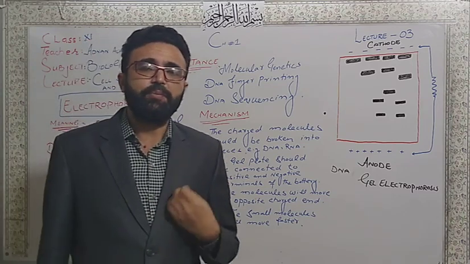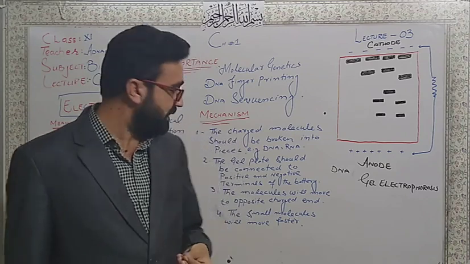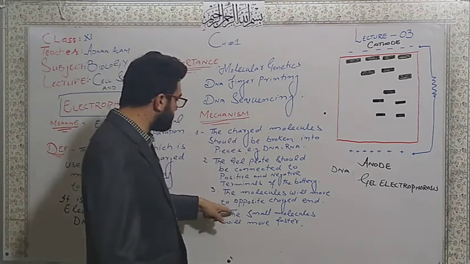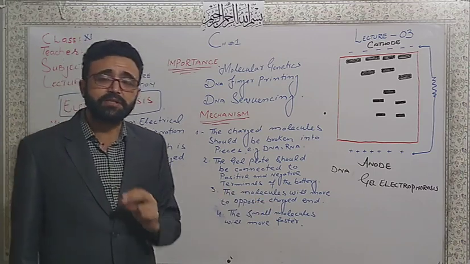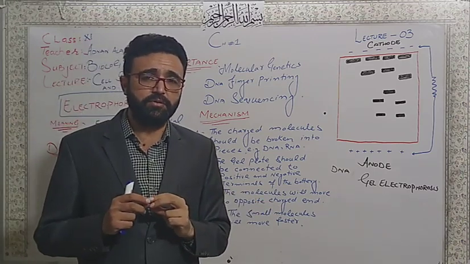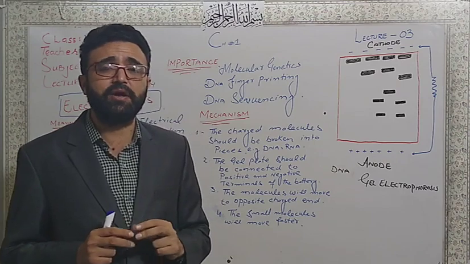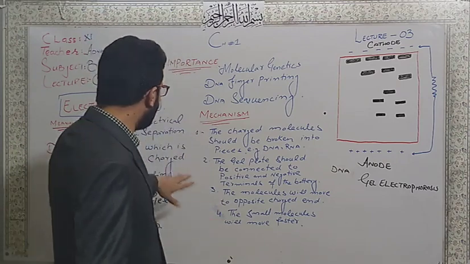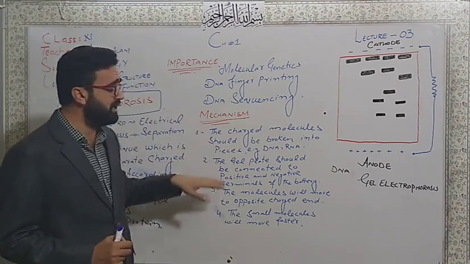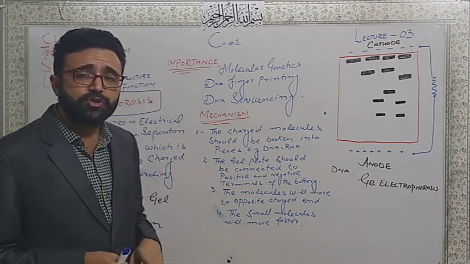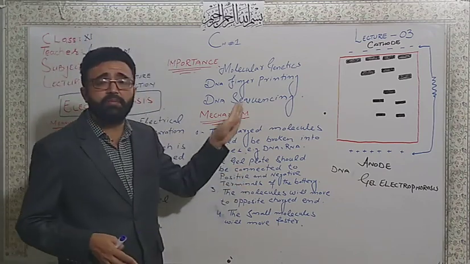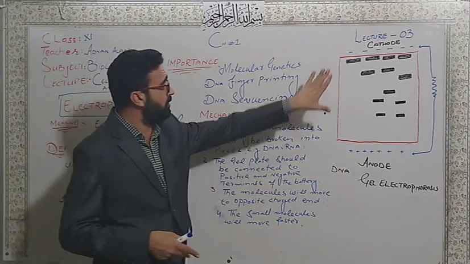We know that opposite charges attract each other. So my dear students, the small molecules will move faster because they have a small size. And this polyacrylamide gel is permeable, having pores which allow the movement of the DNA molecule.